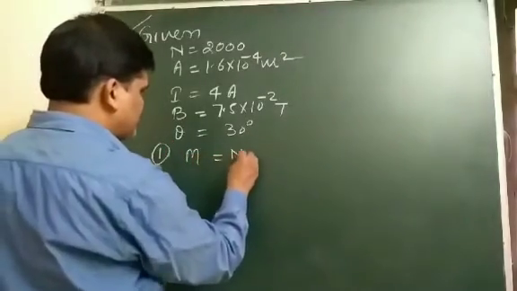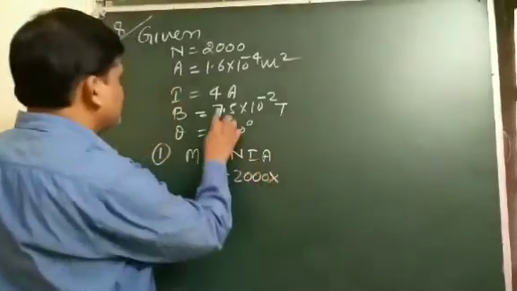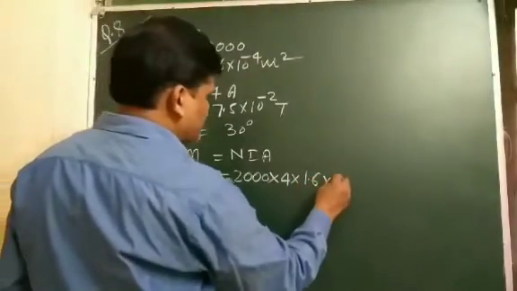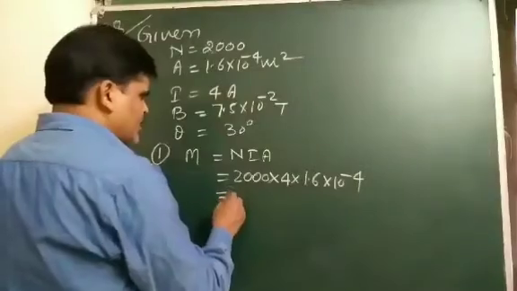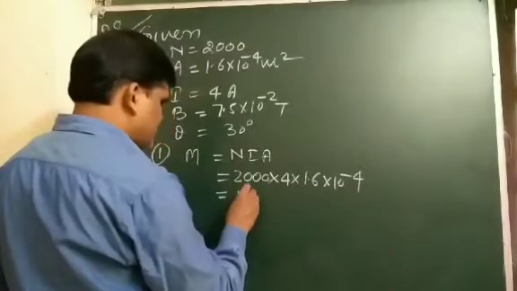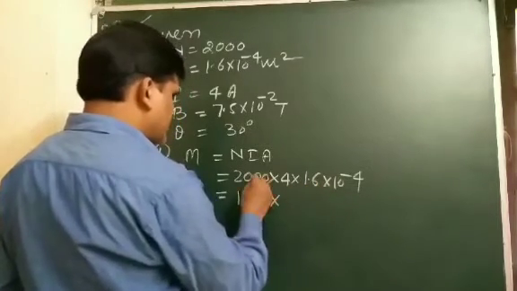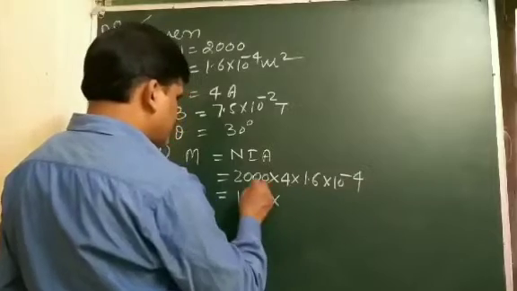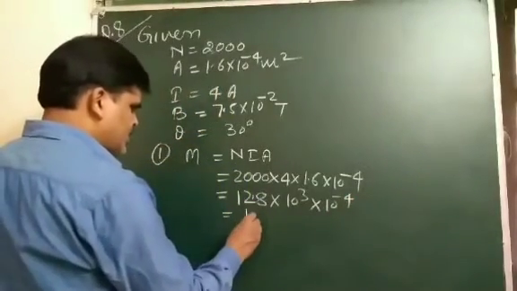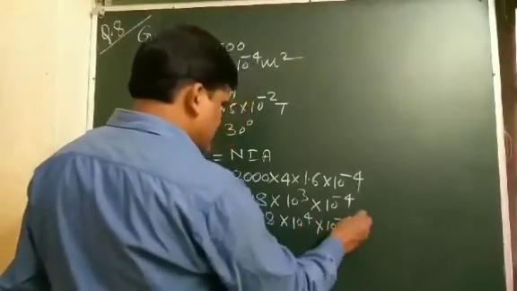And student, we have to find first the magnetic dipole moment. You know that M equals NIA, where N is 2000, I is 4 ampere, and area of cross section is 1.6 × 10^-4. Here 16 × 4 is 64, 64 × 2 is 128, and this is 10^3 and this is 10^-4. So it can be written as 1.28 × 10^4 × 10^-4, which cancel out.